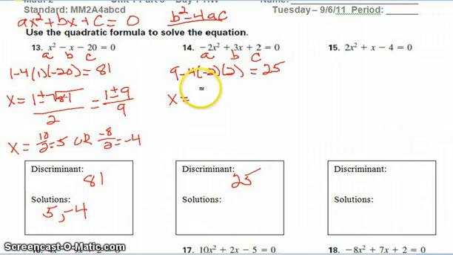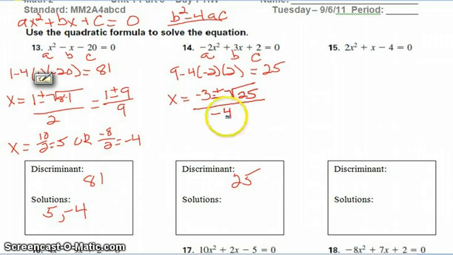x equals the opposite of b, negative 3, plus or minus the square root of our discriminant, which is 25, all over 2a, which would be negative 4.